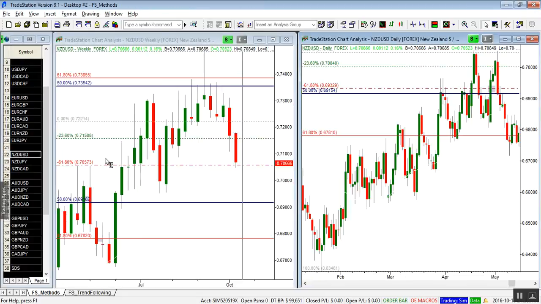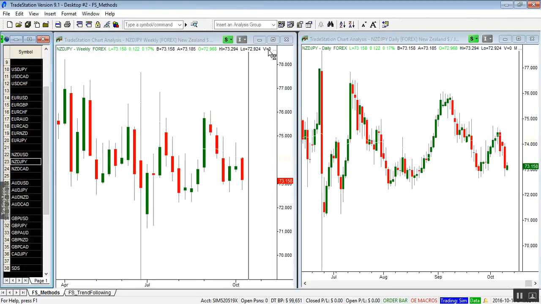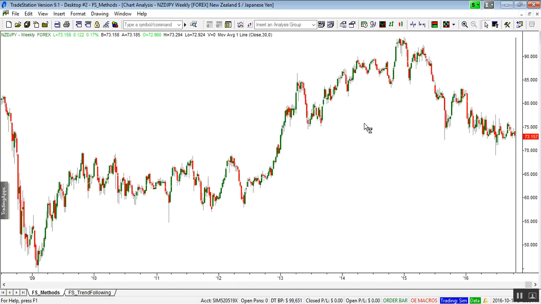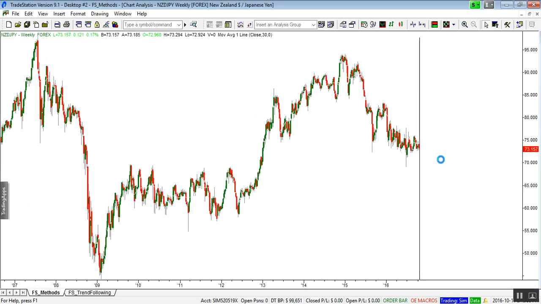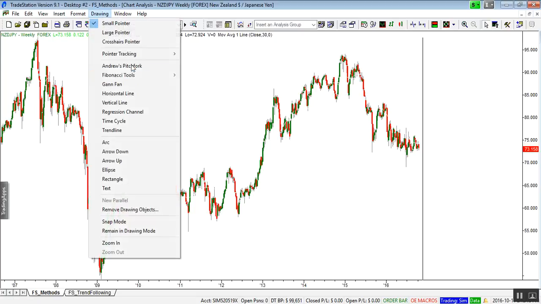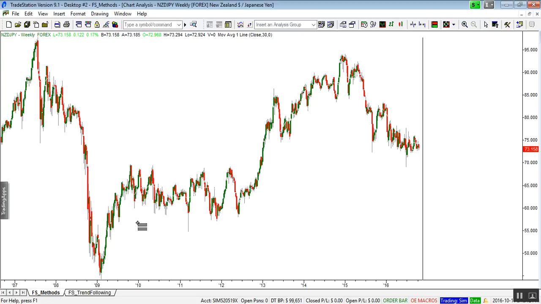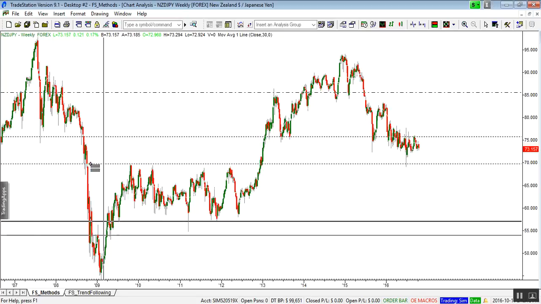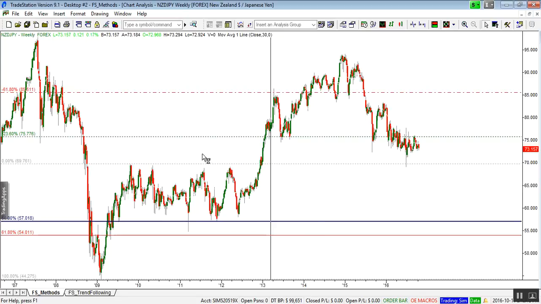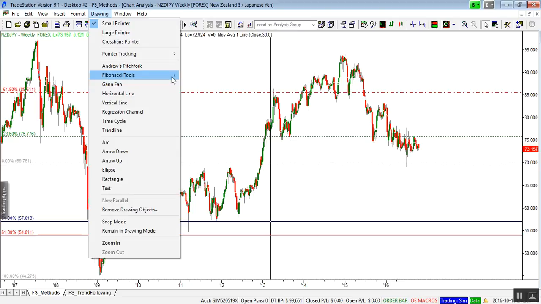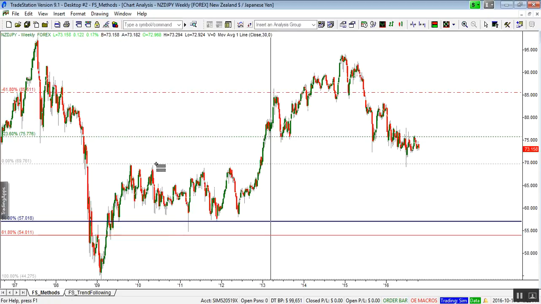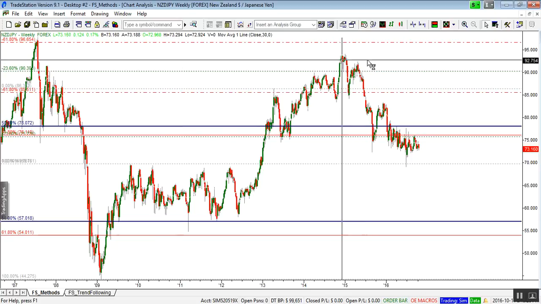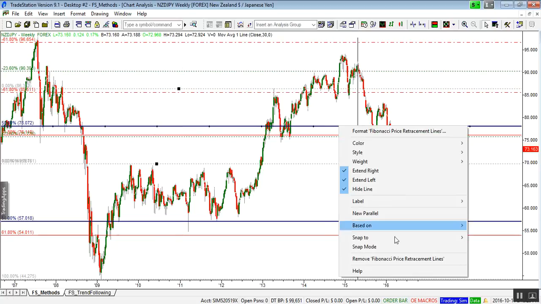New Zealand dollar, Japanese yen. This market has been moving lower recently, and this market has been in a sequence of 50% retraces here. The next extension failed, and that caused this market to unravel as soon as the first target was reached here.